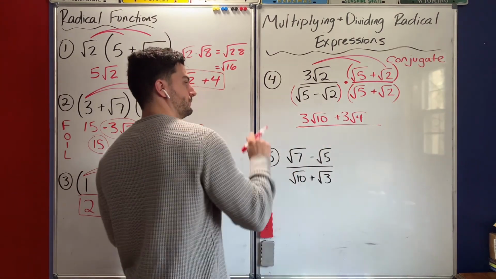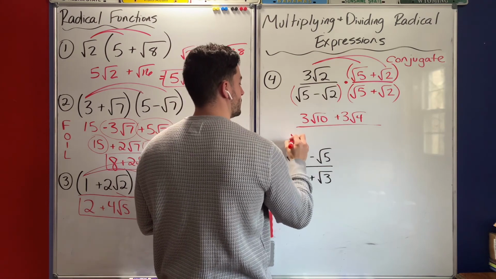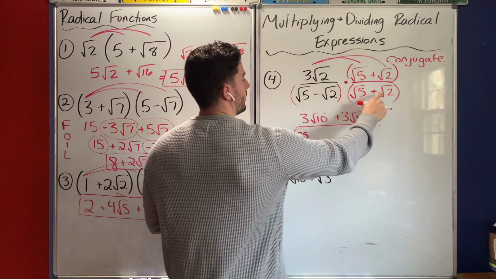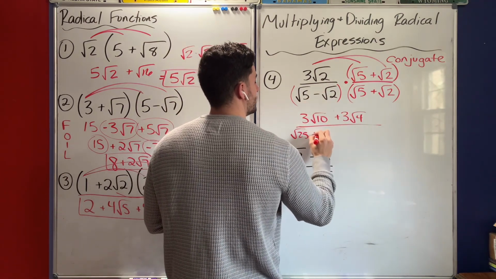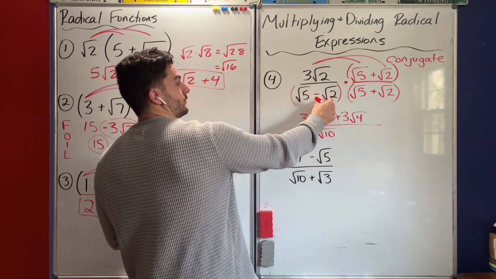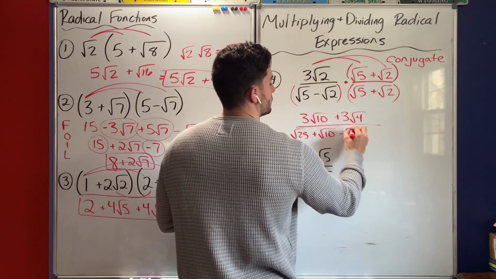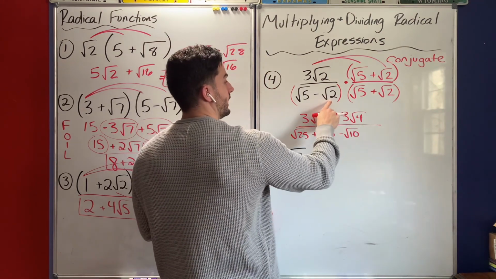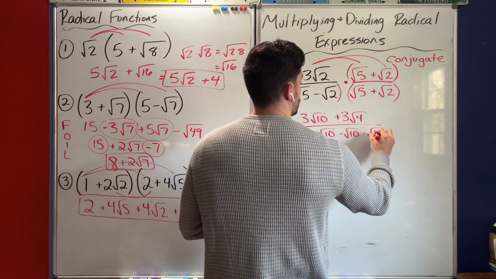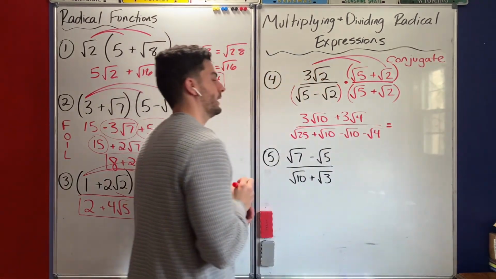Then doing FOIL across the bottom, square root of 5 times the square root of 5 gives me the square root of 25. Then square root of 5 times the square root of 2 gives me positive square root of 10. And then negative square root of 2 times square root of 5 gives me negative square root of 10. And then negative square root of 2 times a positive square root of 2 gives me negative square root of 4. So that's what I have when I multiply it at first.